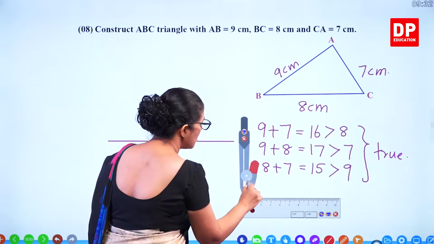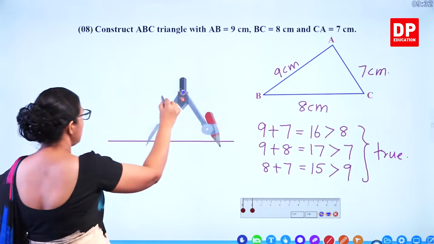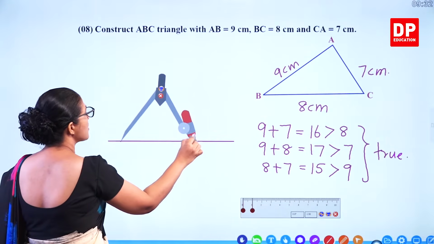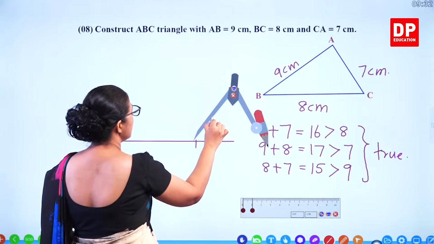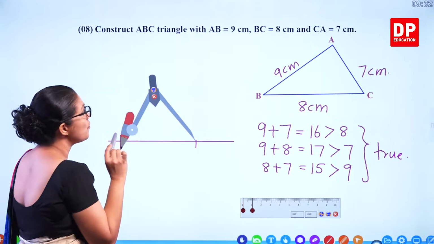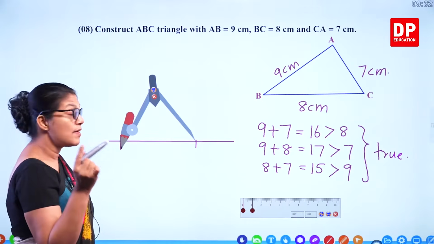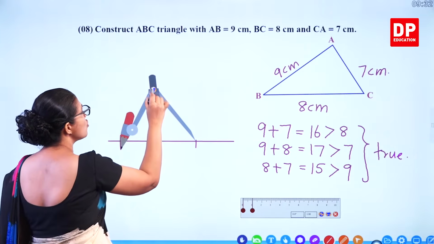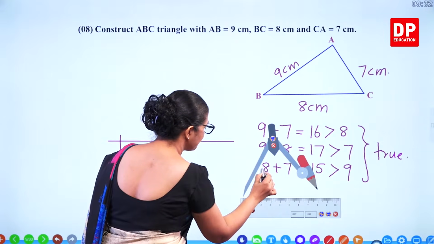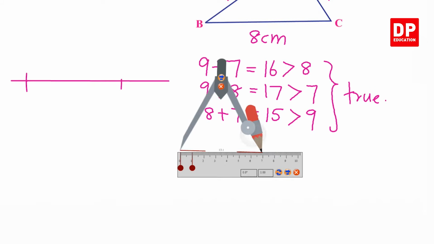You measure 8 centimeter length and you can draw the two arcs here and here. So now this is 8 centimeter length. Now the other side is not 8, it's 7 centimeters. So we have to change the length now to 7 centimeters. 7 centimeters is here.